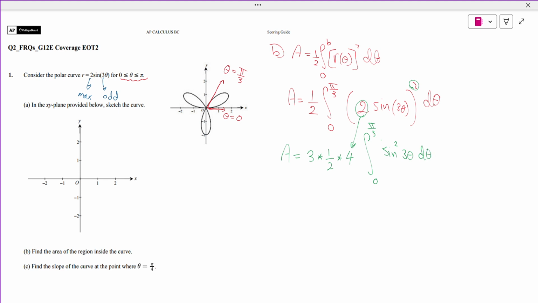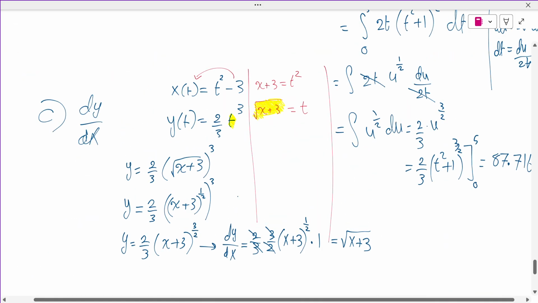Sine squared of 3 theta, or sine squared of theta, this is an identity. We have an identity that says sine squared of theta equals 1 over 2 times (1 minus cos of 2 theta).